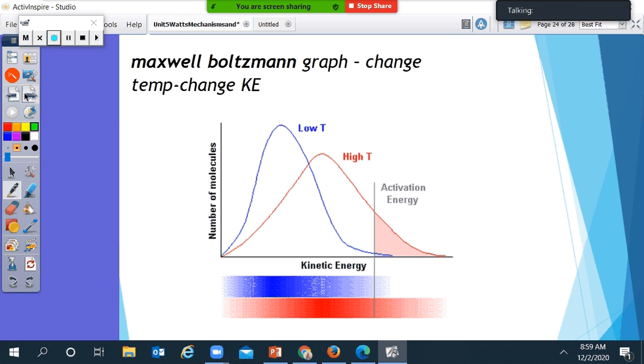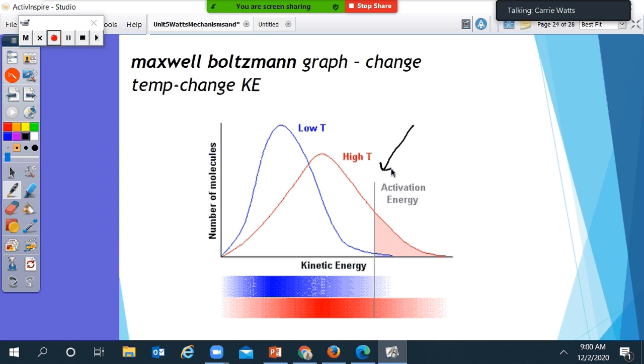So this is just showing you the same type of graph, where we have low temperature in blue, high temperature in red, area under the curve the same number of molecules, and then they marked with this vertical blue line where that minimum energy is.